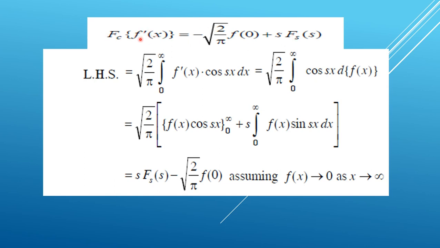Now this will be proved in a very simple way. The Fourier cosine transform of f'(x) is equal to root over 2 by pi integral from 0 to infinity of f'(x) cos sx dx, that's equal to root over 2 by pi integral from 0 to infinity of cos sx, and f'(x) dx is equal to d f(x).